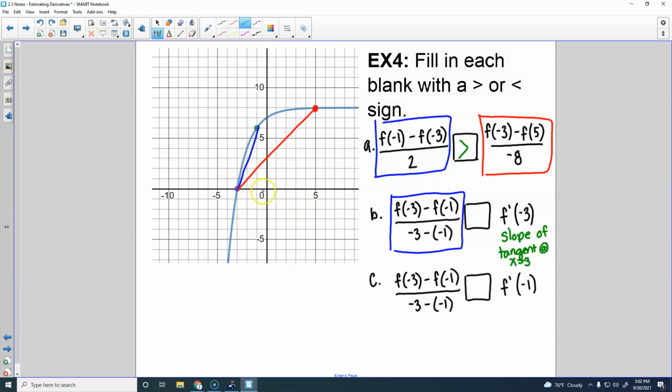At negative 3 right here, my tangent line, if I could draw it in, it's hard to know exactly what it is, but is it steeper or less steep? It is steeper. So the alligator needs to eat the f prime of negative 3. Yeah, if you want to put some teeth on the alligator.